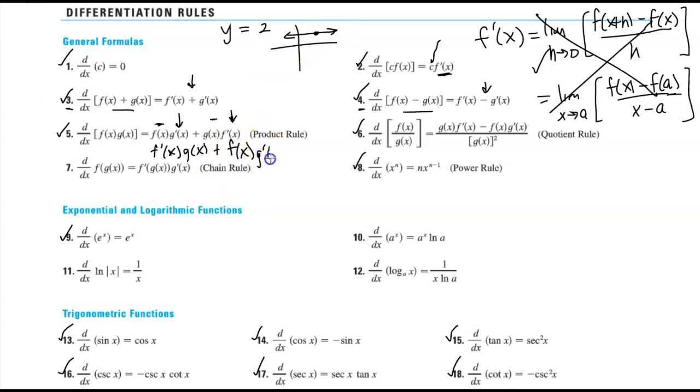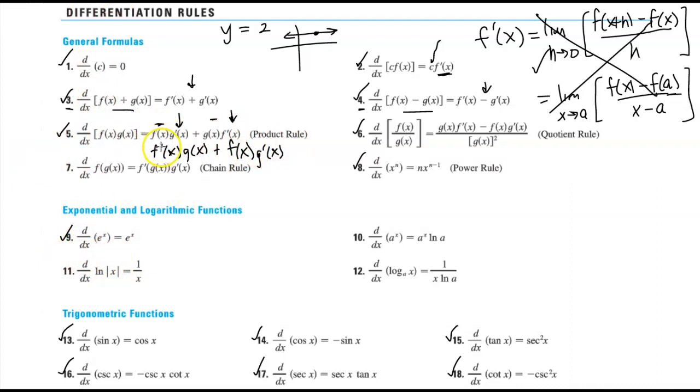This is my personal preference: derivative of the first times the second plus first times derivative of the second. So I leave f and g the same, and the one thing that I change is where I have my prime sign to do the derivative.